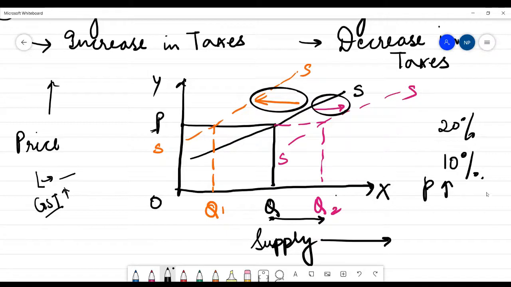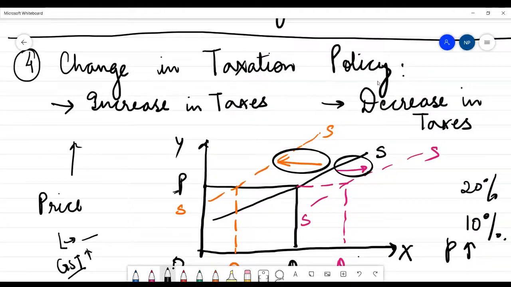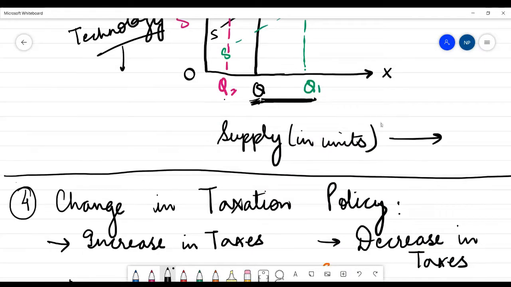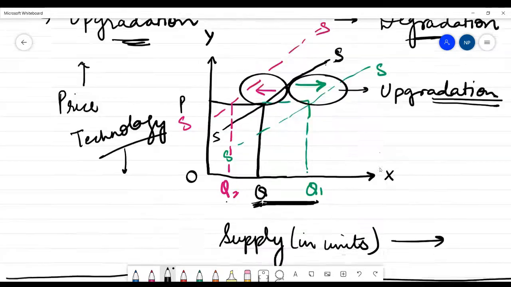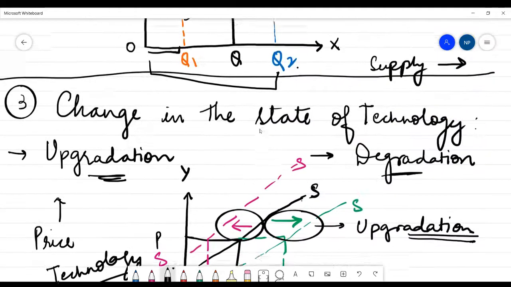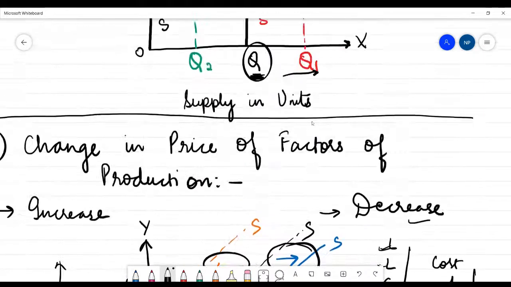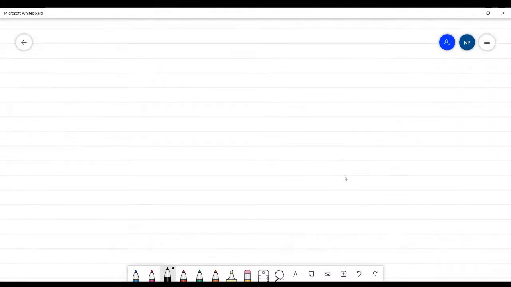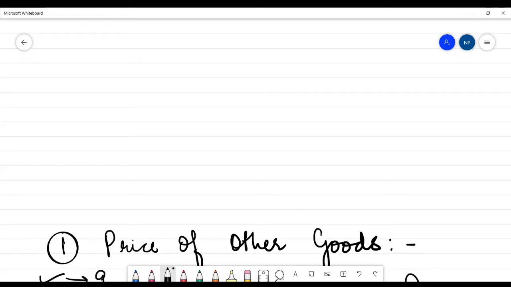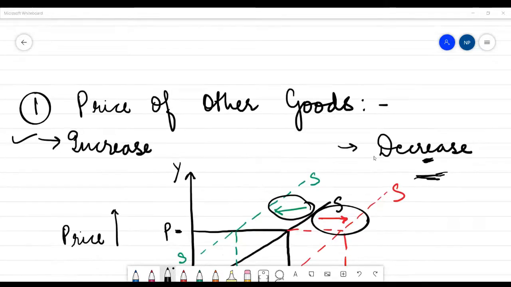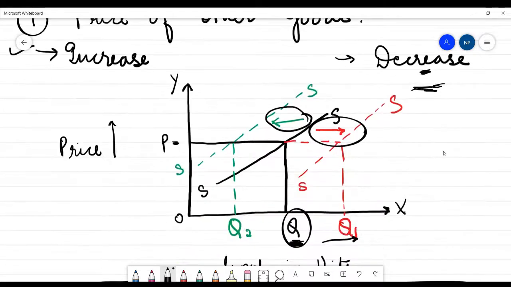So over here we have seen four different factors that influence the supply. What happens when there are changes in these factors? The first one was price of other goods. What happens when the price decreases or increases?